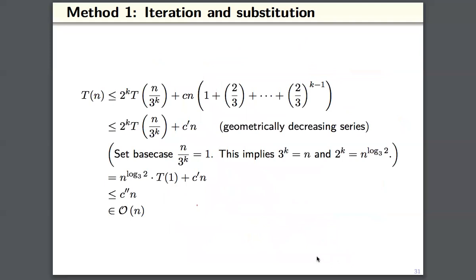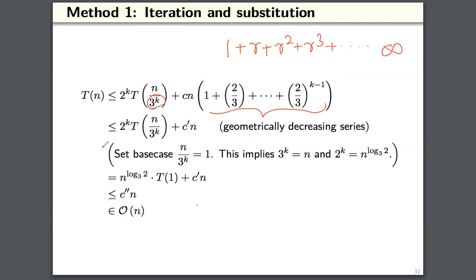Okay, so generalizing it, you get something like this: 2 power k T of n by 3 power k plus Cn and a geometric series. A decreasing geometric series, you don't need to worry. It's always a constant. 1 plus r plus r squared plus r cubed, so on up to infinity.